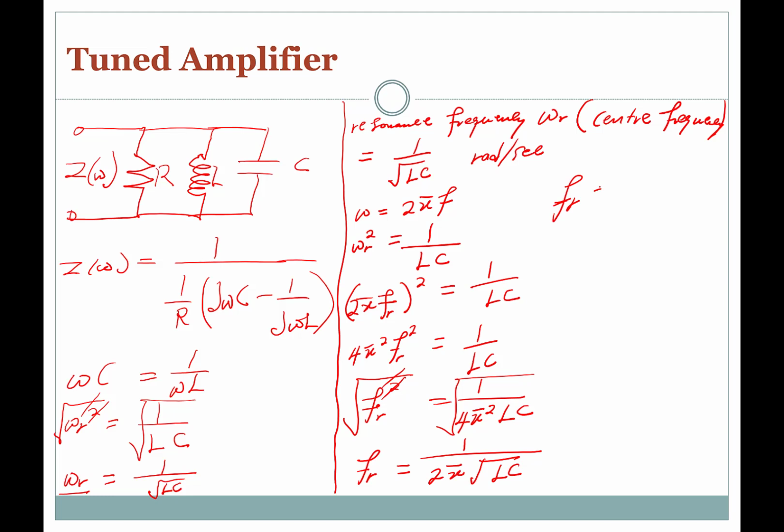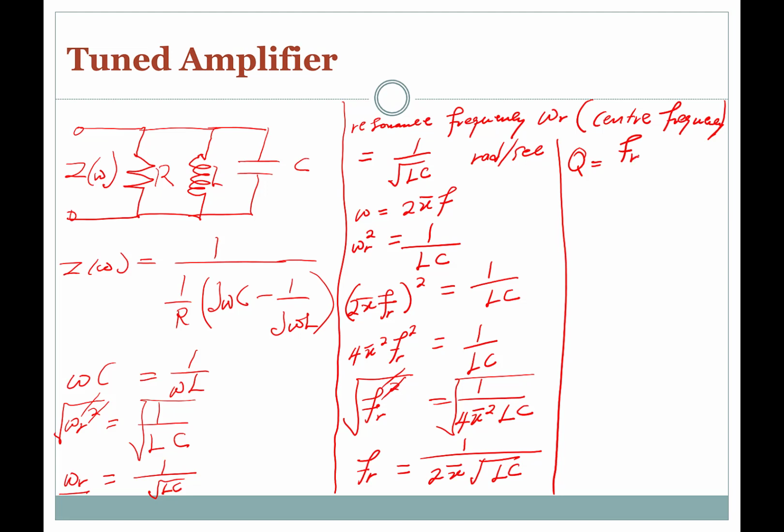Now, the quality of the tuned amplifier, which in most cases we term the Q factor or the quality factor, is equal to the ratio of the resonance frequency to the bandwidth.